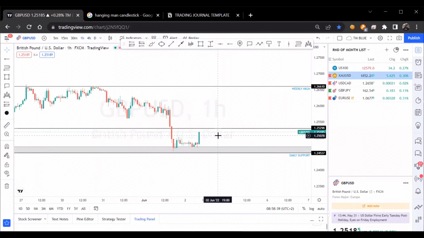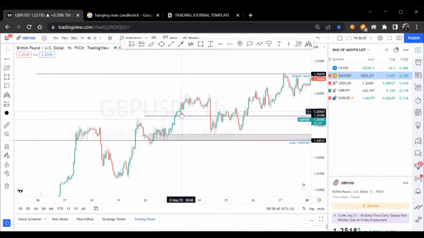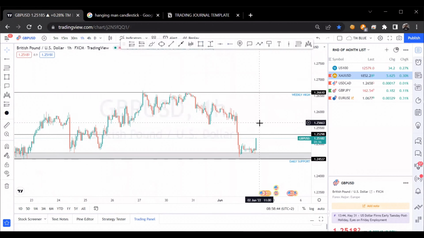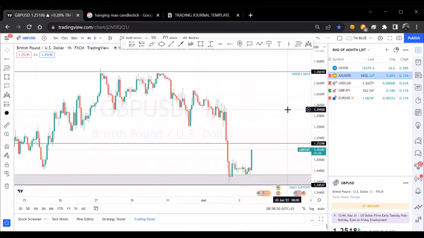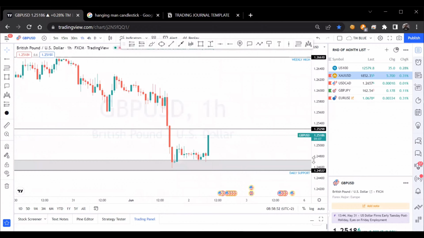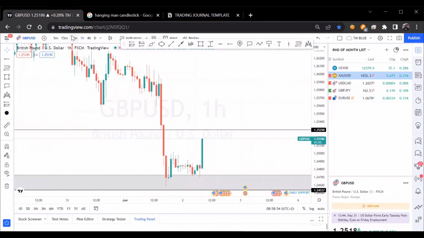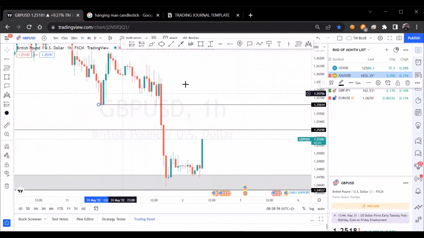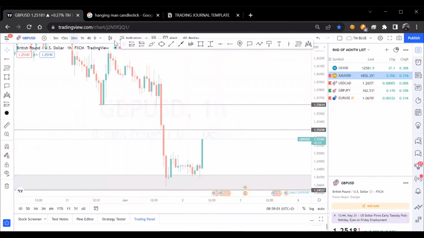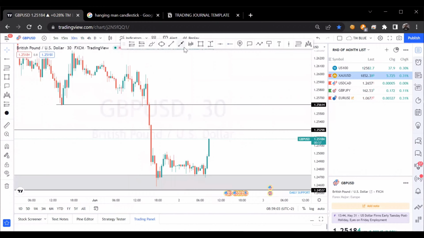Then let's quickly go into the 1-hour time frame and see what we have. From this uptrend, downtrend, double bottom, now we're going to the upside on GBPUSD. There's nothing we can do from the hour time frame for now, but we can take note of that. So let's go on to the 30 minutes time frame.